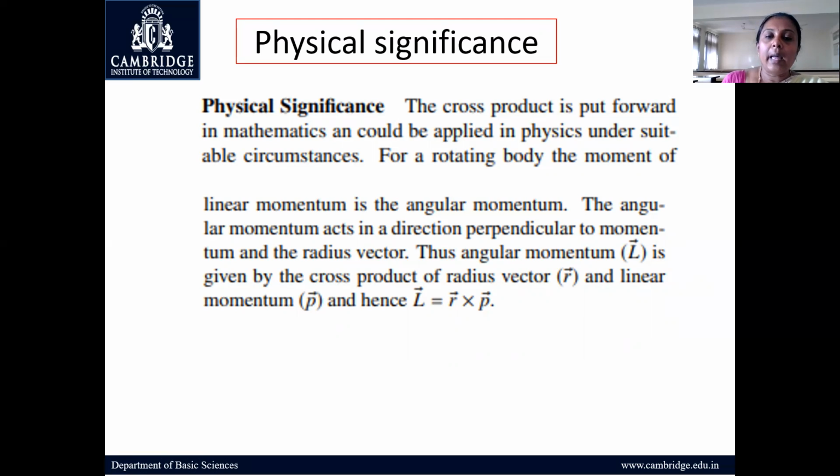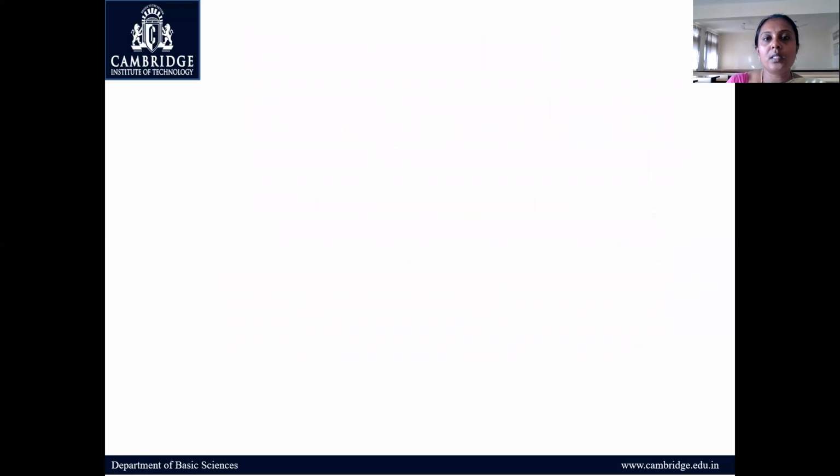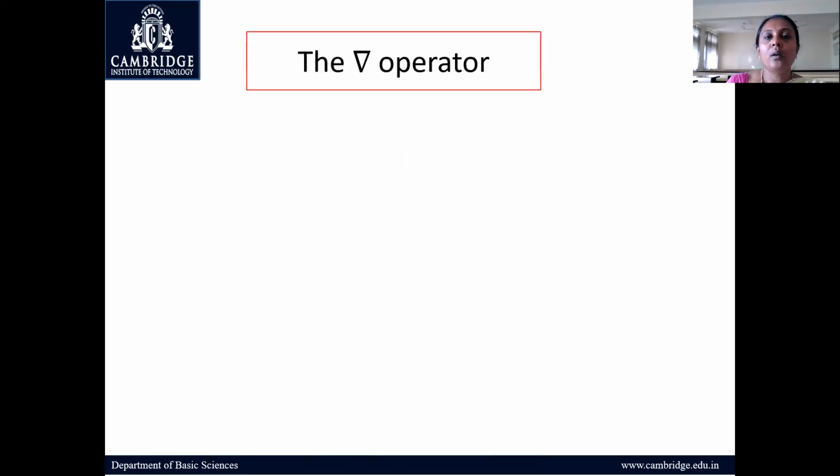So the angular momentum is denoted by the symbol L, and is given by the cross product of a radius vector R and the linear momentum P, so that we can write an equation where vector L equals vector R cross vector P. So this is the physical significance of the curl.